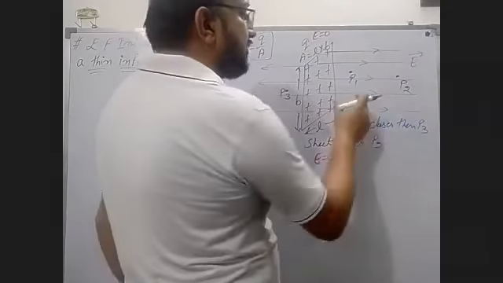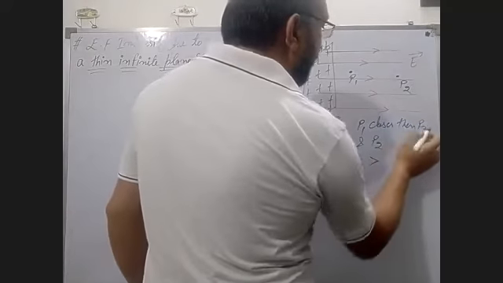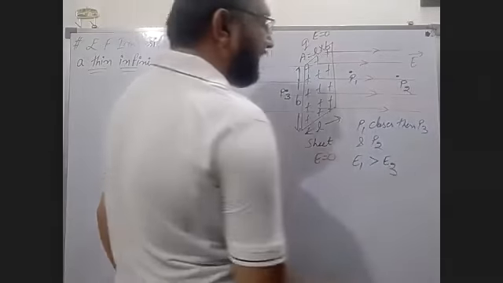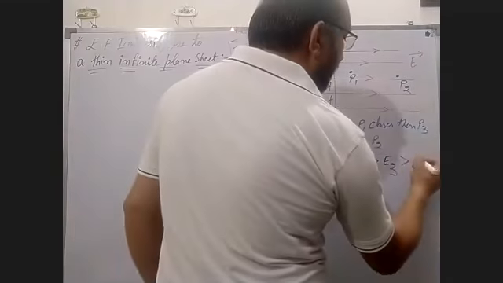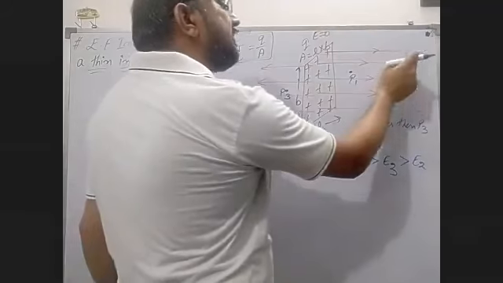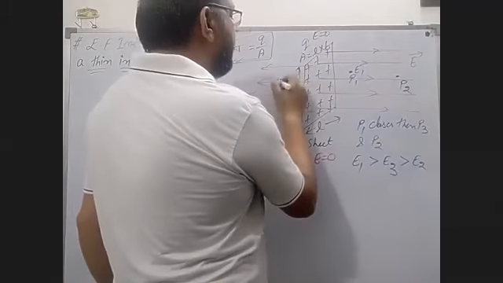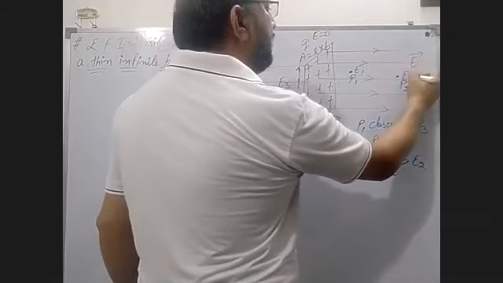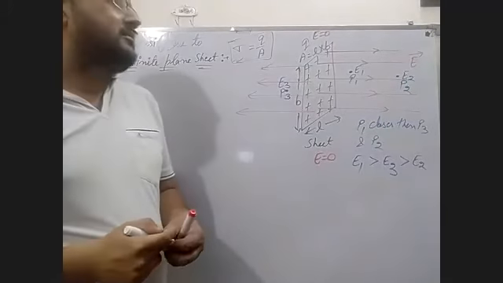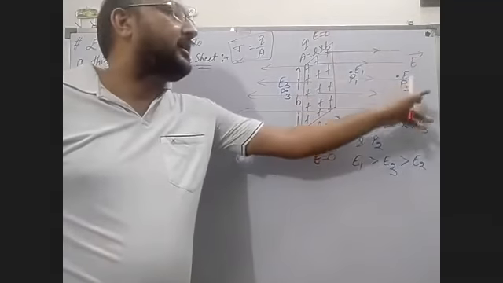So E1 is the greater electric field, E3 is smaller than E1, and the last one electric field is E2, because this P2 point is far. This is E1, this is E3 electric field, this is E2. Which electric field is greater? E1. Which electric field is smaller? E2.